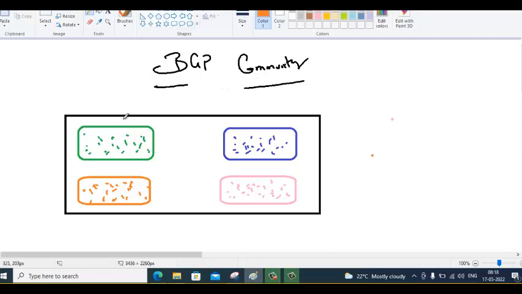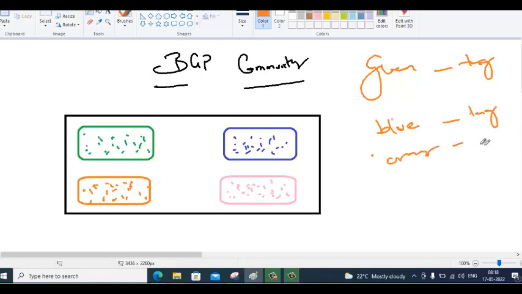So you have a nice color to identify, a nice tag. Green is a tag to identify. Blue is another tag. Orange is another tag. Pink is another tag. These are all tags to identify those plants.